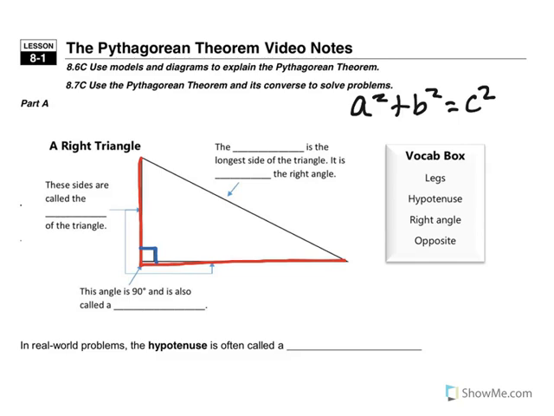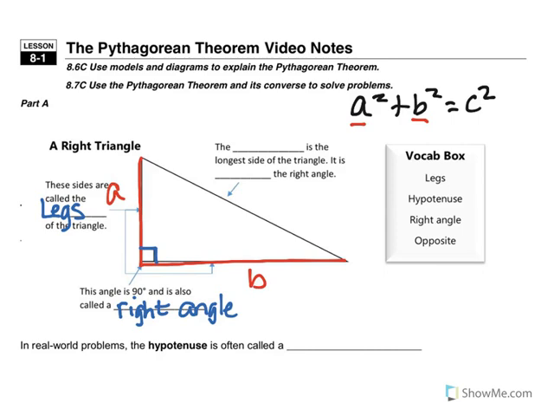Again, those two sides are called legs and they form the right angle in your right triangle. So your leg A and your leg B are the first two pieces of your formula.